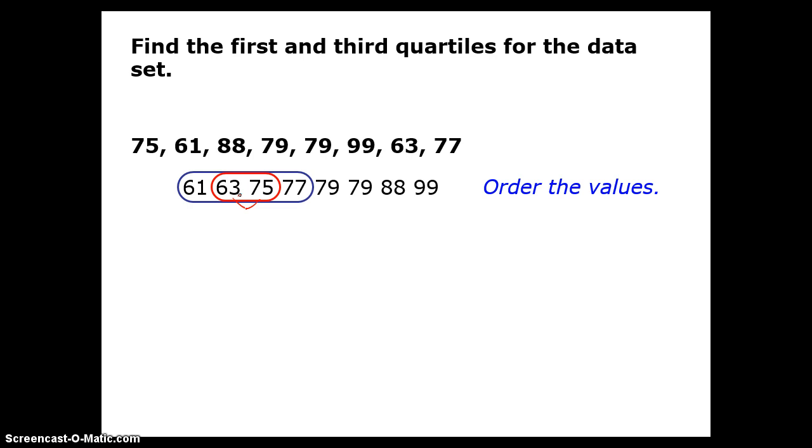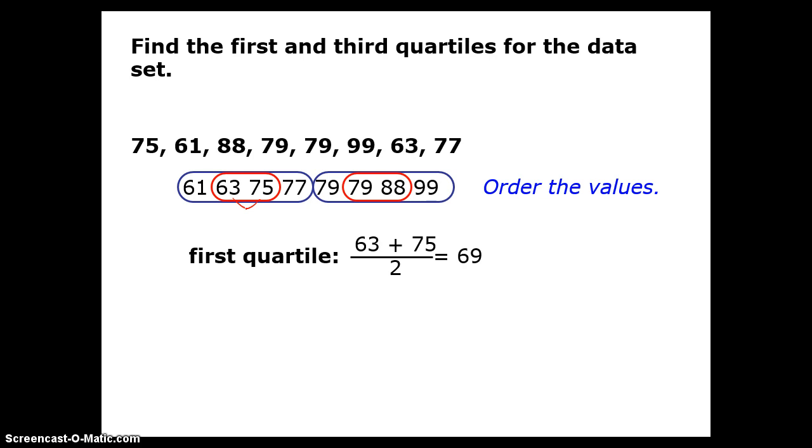So just like finding the median of a set of data with an even number of data items, I need to add the 2 middle numbers and then divide by 2 to get my first quartile. I'm going to do the same thing to find the third quartile. I look at the upper half of the data and find the median of just the upper half.